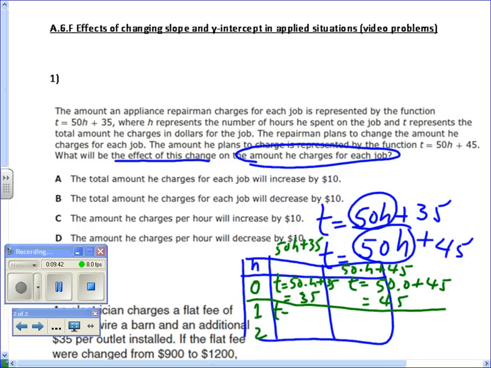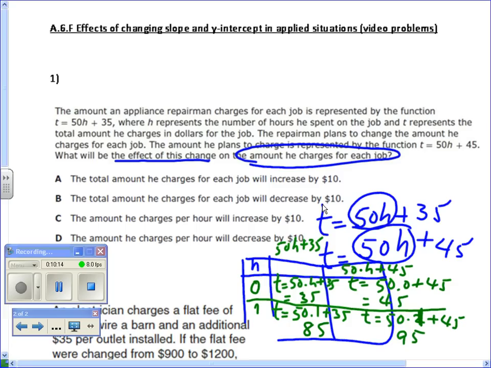The total amount he charged for the first hour, 50 times 1 plus 35, in this case turns out to be $85 if he just worked the first hour. And for the second function, it would be 50 times 1, I'm sorry, 1 hour is being worked, 50 times 1 plus 45, that would be $95.